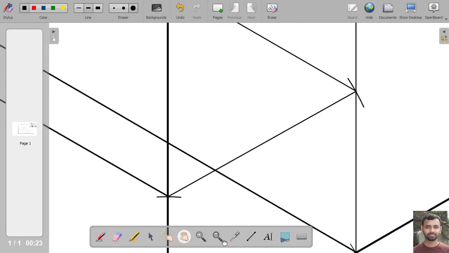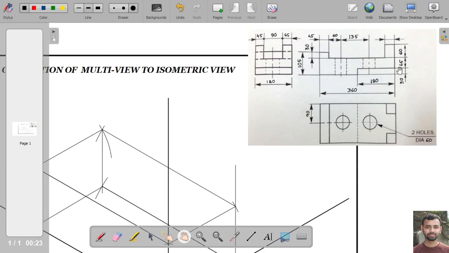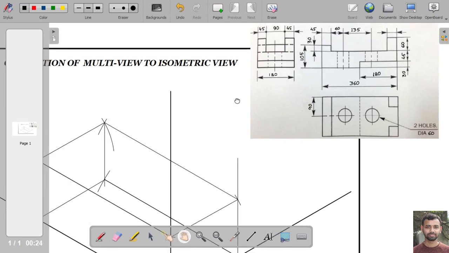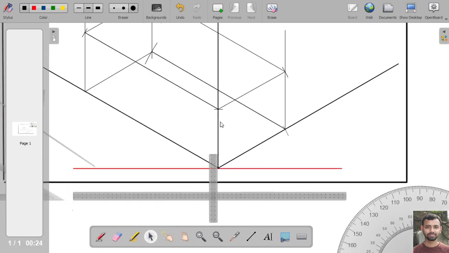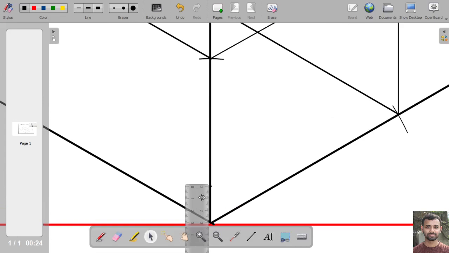Next height is 30 mm. The next height is at a height of 45 mm, and the next height is at a height of 60 mm. So this height is 45.